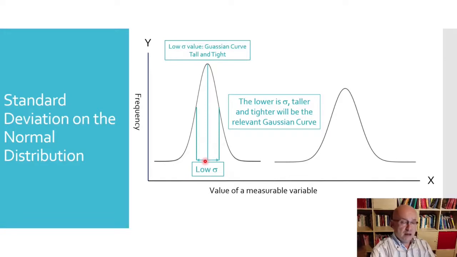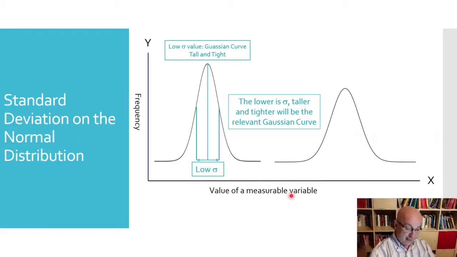Because if I have a lot of numbers around the mean, I will have only few values far from the mean, both on the right and on the left. Few values means that here the frequency is low, okay? So there is a dramatic drop of the frequency as I depart from the mean on the right and as I depart from the mean on the left. So the curve at the end is tall and tight because of a low sigma.